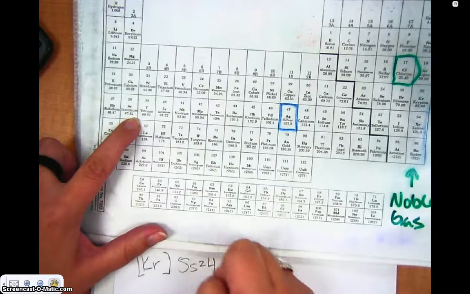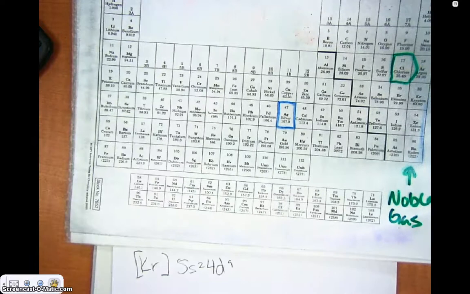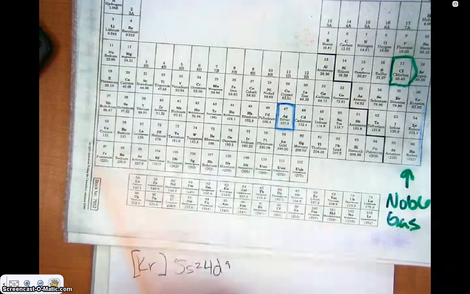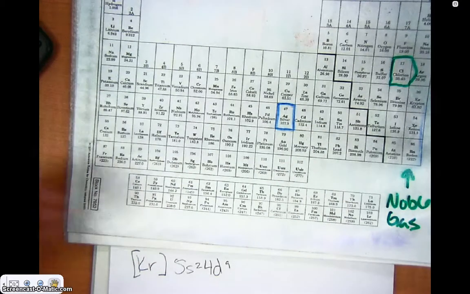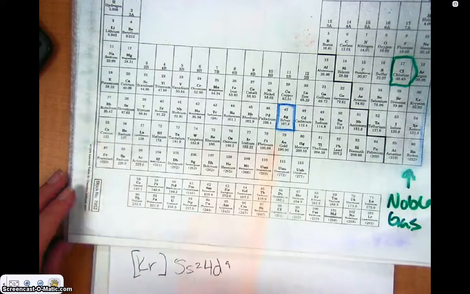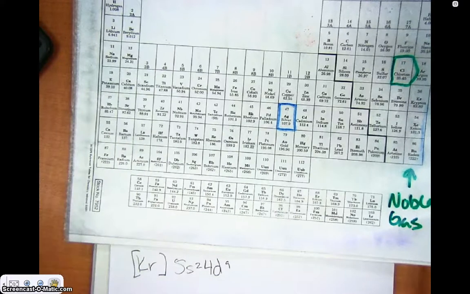So 4d9. So that creates an easy shortcut for us to express the electron configuration for something without having to write down every single electron. So we just go to the previous row, write the noble gas in brackets, and then add on whatever is required for the final row for that specific element.